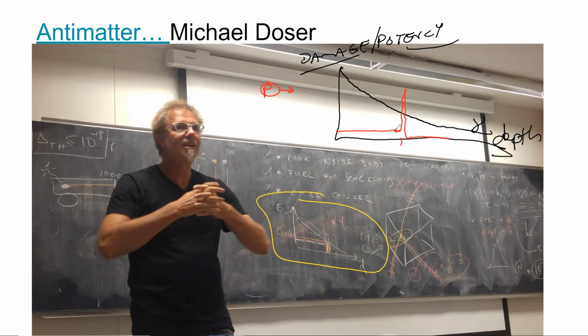And then it doesn't hurt anything else beyond that. So if you fire this thing at just the right energy, it'll tunnel to a certain depth. So let's say here's me, and you want to treat this thing right here. It'll go through and have very little impact. But then when it slows down enough, when it gets here, it collides. It's like a little freight train, right? So that's a proton, okay?